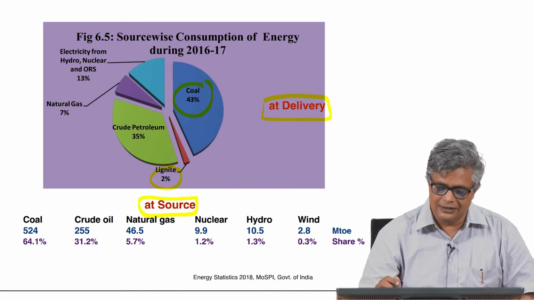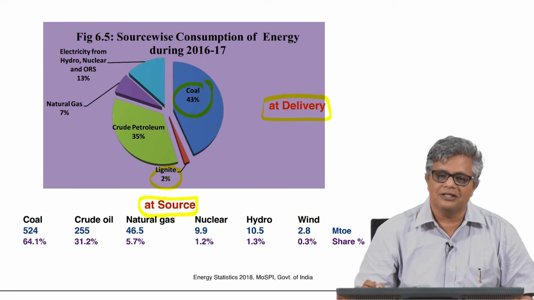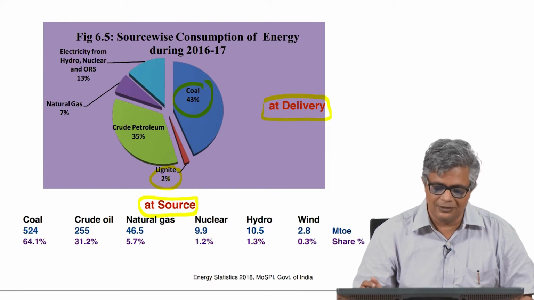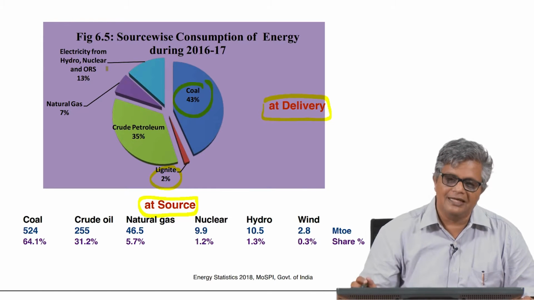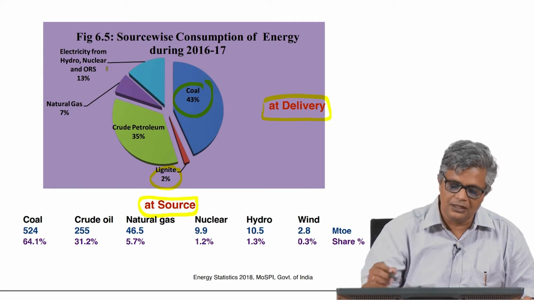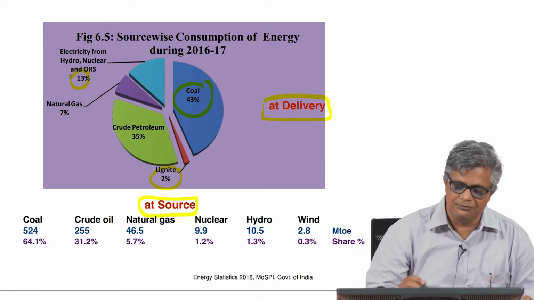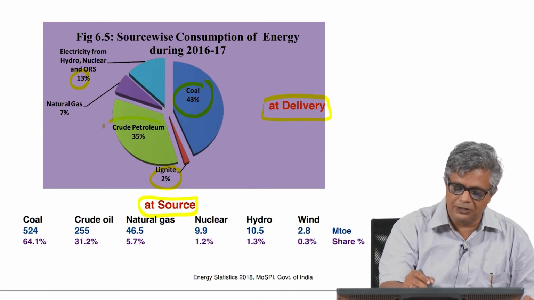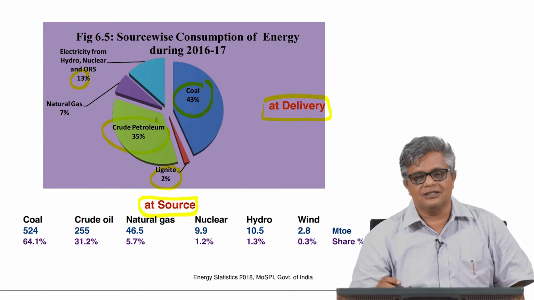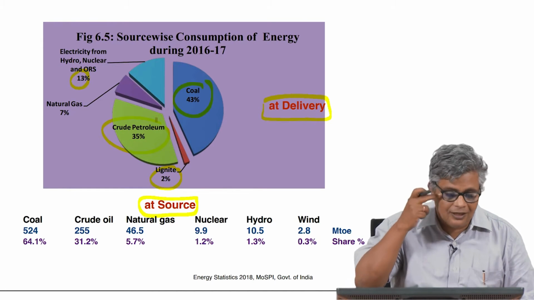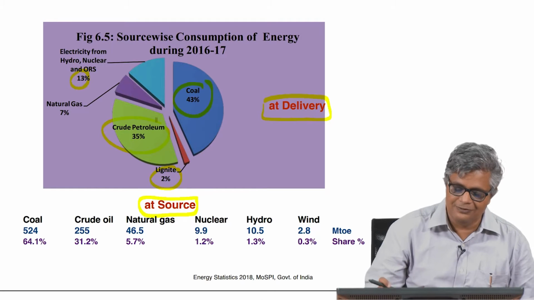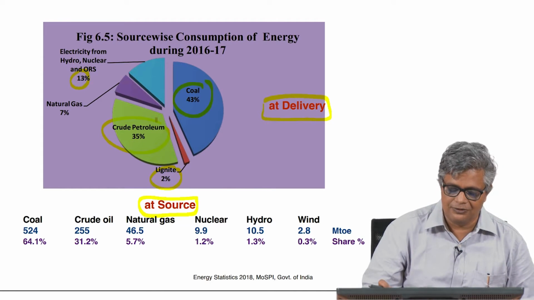And as we will see, it is a major source that is available in India. Electricity from nuclear, hydro and other renewable sources together accounted for 13%, and crude petroleum, which is essentially for transport applications and other kinds of applications, has been contributing 35%.